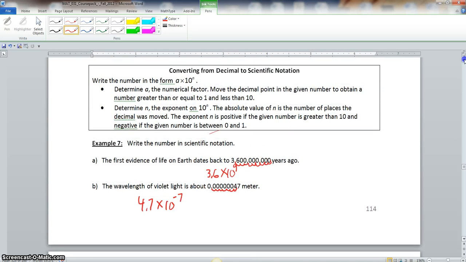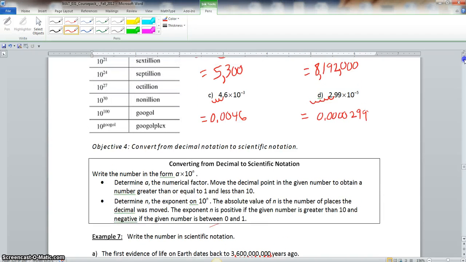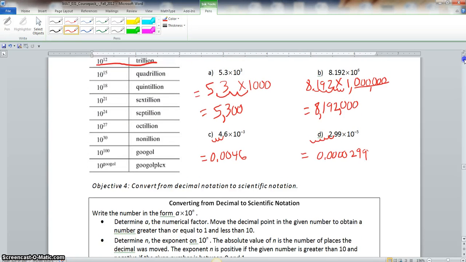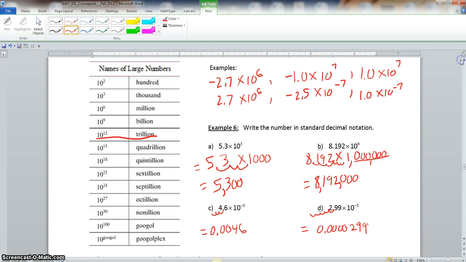Now we scroll up to this chart that's coming up. Okay, they give us the names of large numbers. So what we do here, we look on this chart on page 114 and look for the power of 10 that represents trillion. Trillion is 10 to the 12th power.